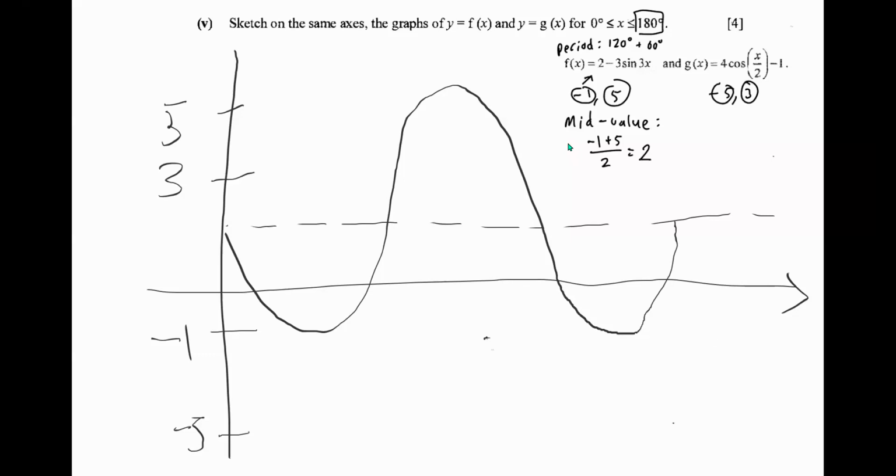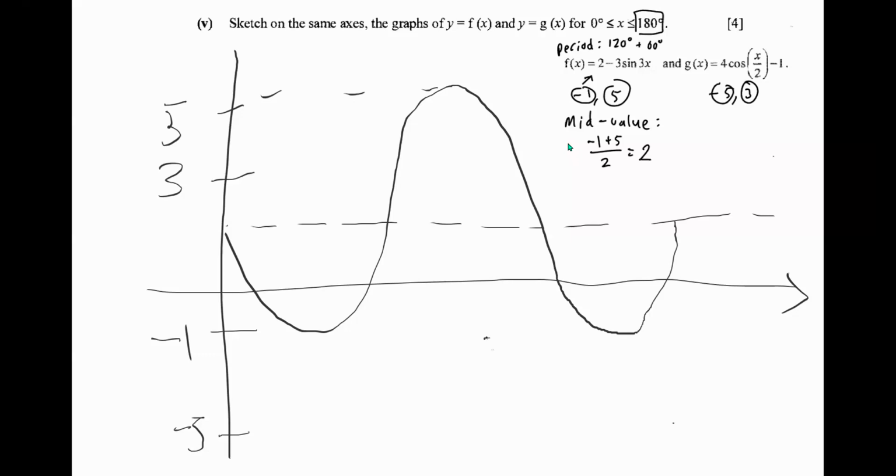Yeah, okay. Assume that this is 5. Yes, good enough. Very good. Okay. And the mid value for the other one: 3 minus 5 divided by 2. -1. -1 is the mid value.